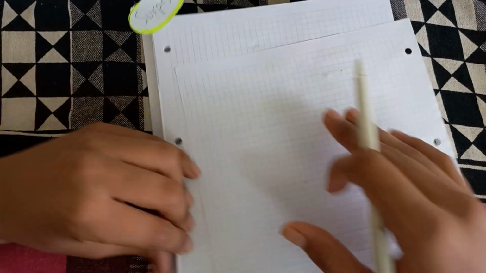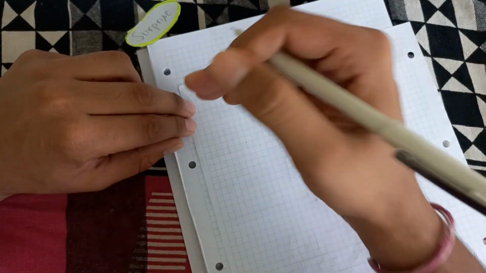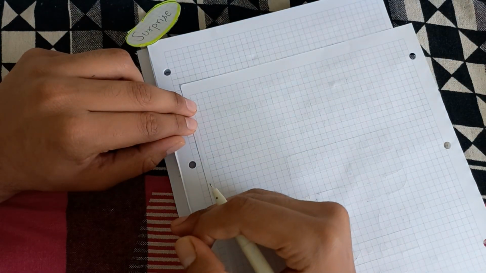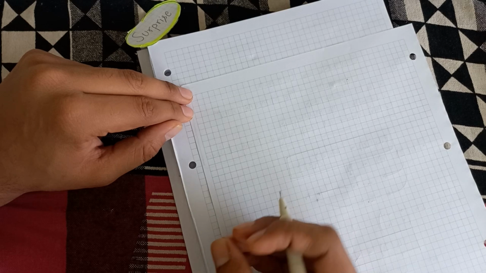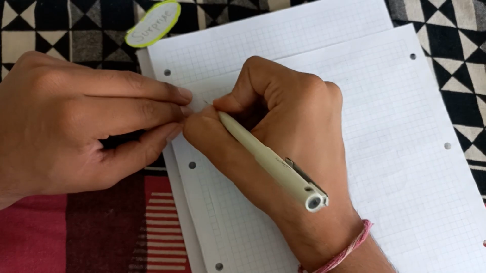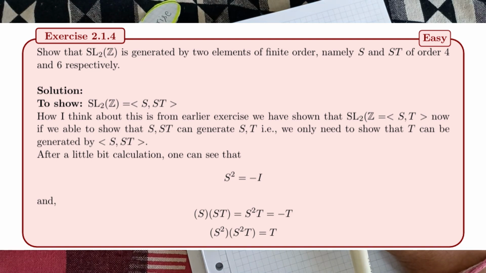So the next exercise, that's how they are developing the theory in terms of problems. They introduce this as a problem. So show that SL2(Z), which I just showed on the screen as a screenshot, is generated by S and ST. We already calculated that S has order 4.